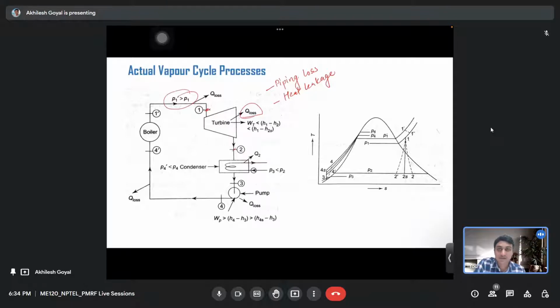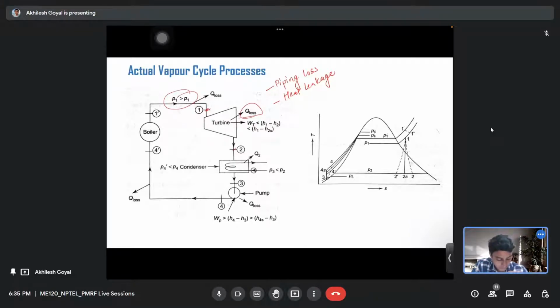So we can say here that the actual vapor cycle consists of irreversibilities. This is why it is important to consider the irreversibilities in the actual vapor cycle compared to the ideal vapor cycle, that is the Rankine cycle.